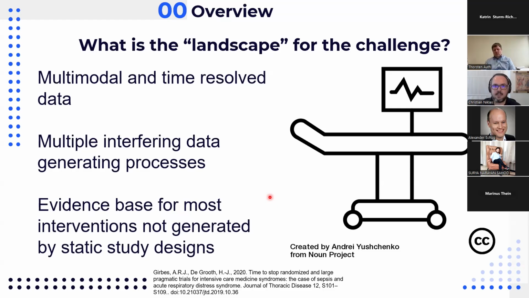And this is also a process that we've seen in the last years, where we saw that our formerly very static approaches to generate evidence for good clinical practice are not reaching a point where we can meaningfully inform these highly dynamic processes that I've just described.